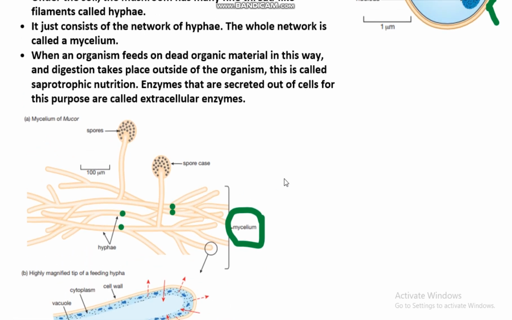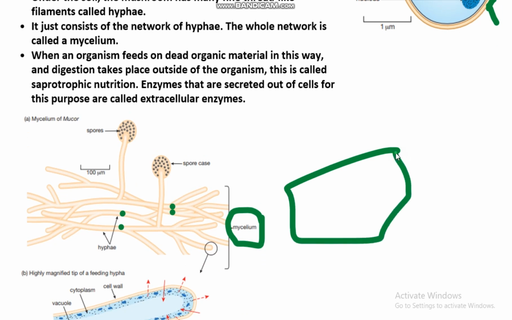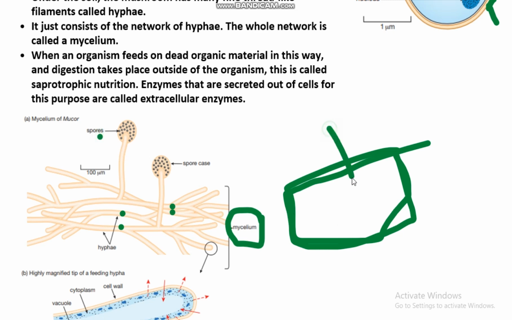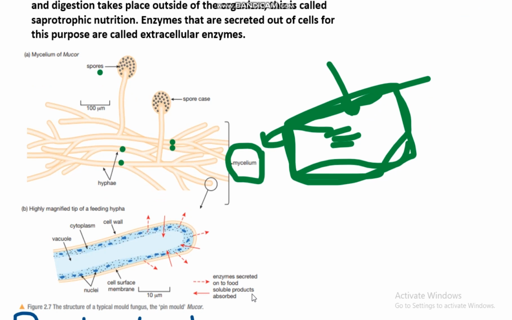For example, there's a bread on the table, and a fungal spore lands onto the bread. It forms hyphae that eventually become mycelium. This mycelium then goes into the bread and releases enzymes onto the food to break it down and make it soluble.